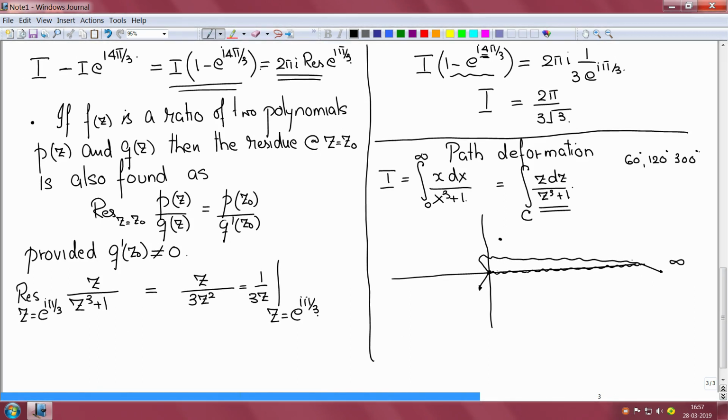There are no singularities, I am not touching or crossing any, and this is a well behaved, analytic function away from its singularities. Then I move further along the straight line. Again I deform, I move along this straight line, again I deform, and this angle is the same angle as before, theta equal to 2 pi by 3. This angle is 2 pi by 3.